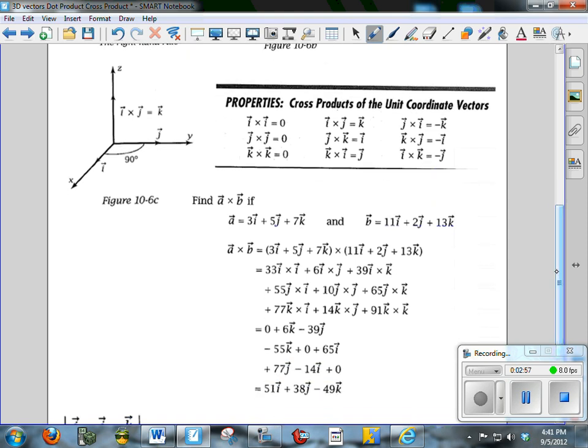Now, this has implications for a 3D coordinate plane, because if we imagine using the vectors i, j, and k, remember they're all little vectors of unit length 1 that serve as the basis of our components for our vectors. If we were to cross i cross j, you have to imagine holding your right hand in such a way that you're pushing i towards j with your fingers as they curl, you'll notice your thumb will point straight up for vector k.